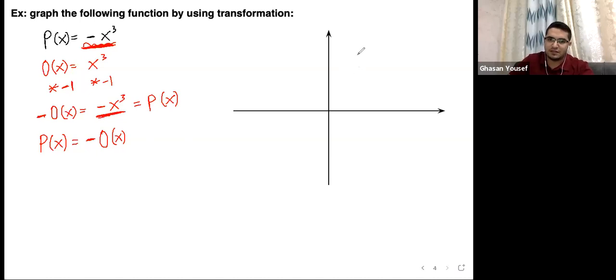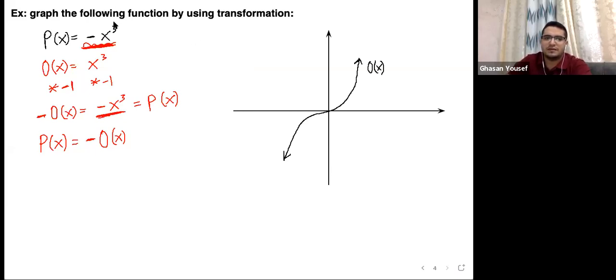So here is the original function. This is x cubed. This is my original function, O of x. Now, second step, we have to multiply by minus. This means we have to reflect it around the x-axis.